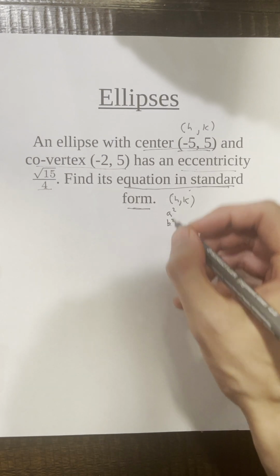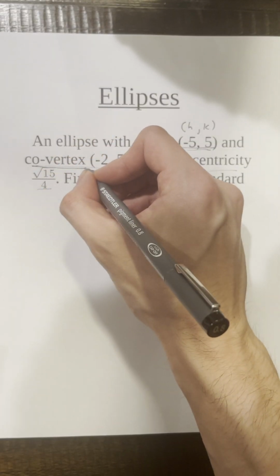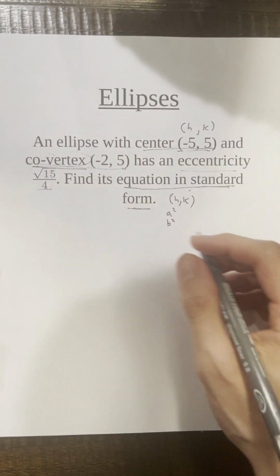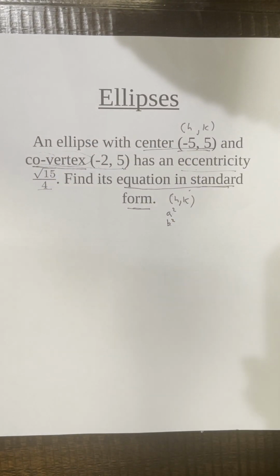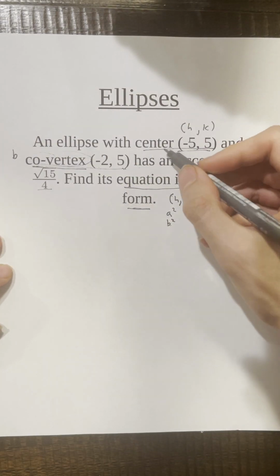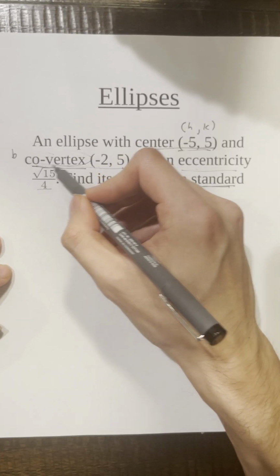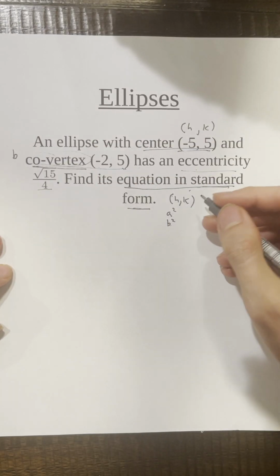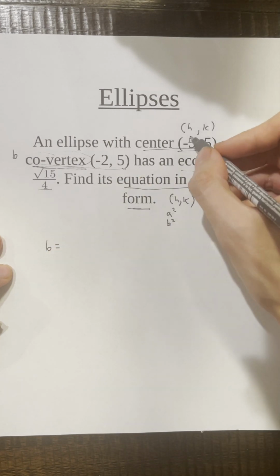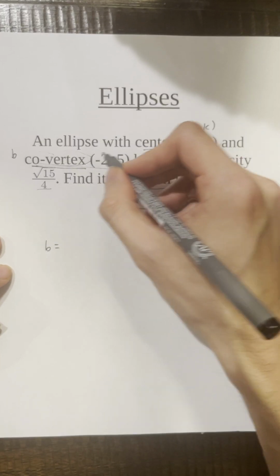Okay, so they gave us the co-vertex is -2, 5. When we see co-vertex, should we think about a or b? We need to think about b. The distance between the center and a co-vertex is b. So b is equal to how much? What's the distance between this and this?